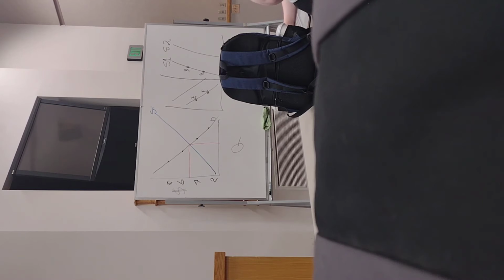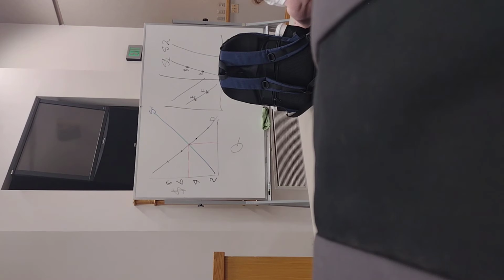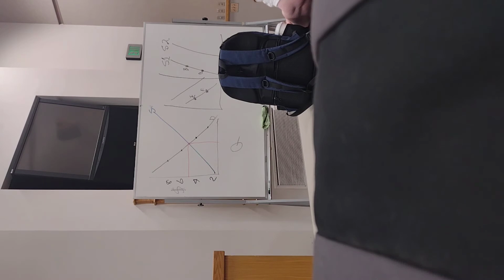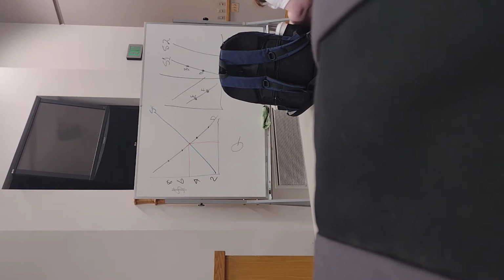True or false? A shortage of unskilled labor will occur if the minimum wage is set below the equilibrium wage in the unskilled labor market. If you look at when we talked about that, the answer is false.